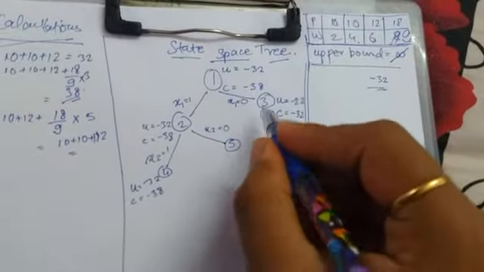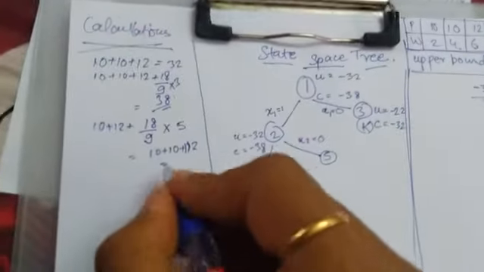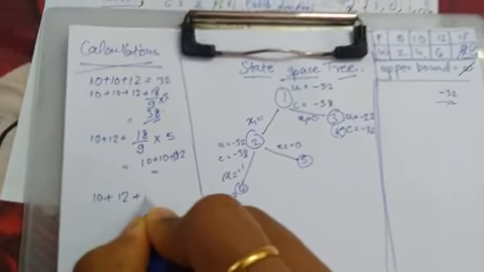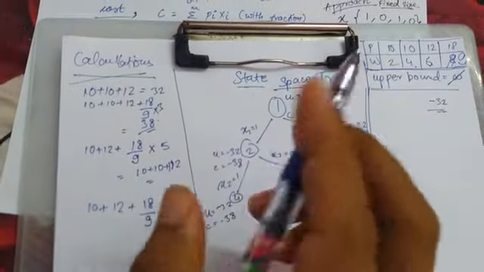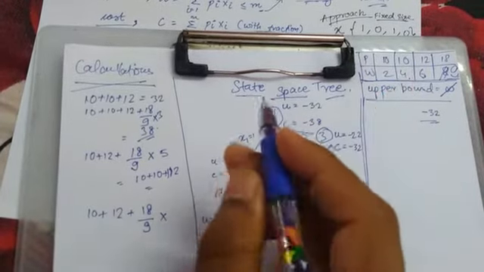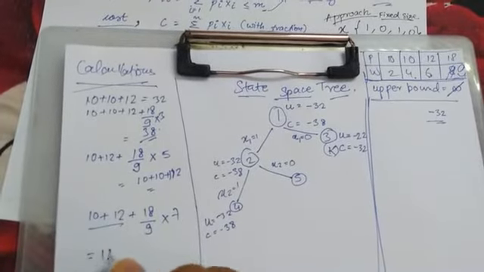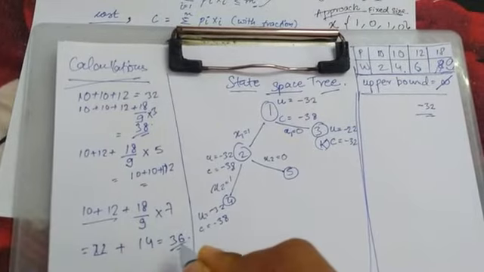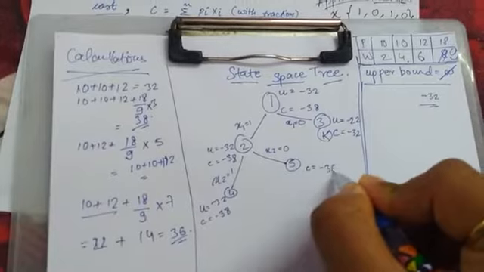So the first one will be included, the third one will be included, therefore that will be equal to 10 plus 12 plus 18 by 9 into how much I have to do, 2 plus 6 is 8, and we are left with 7 more kilos, right? To 7, that will be equal to 22 plus 14, 36. Therefore the cost will be here minus 36.